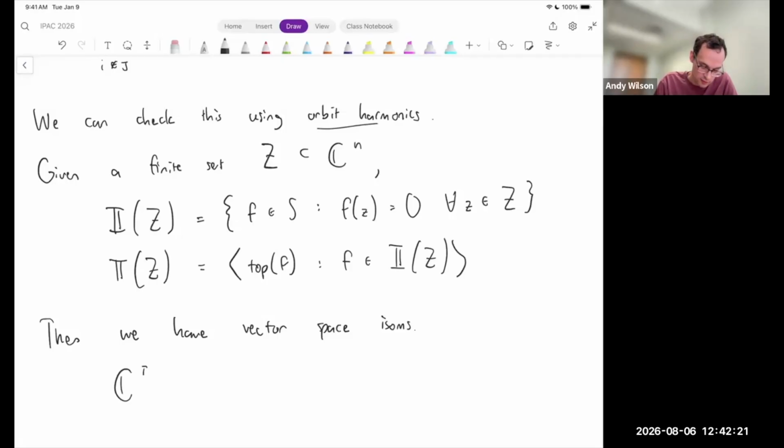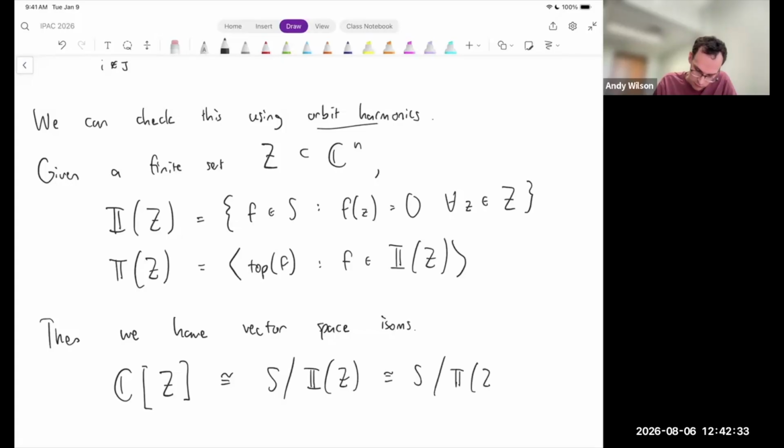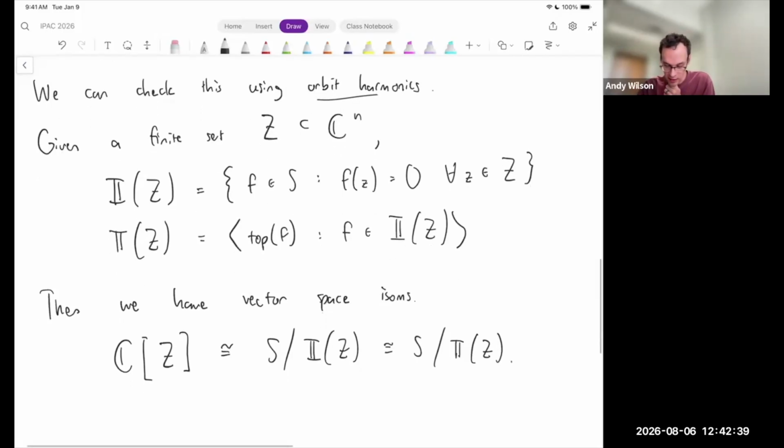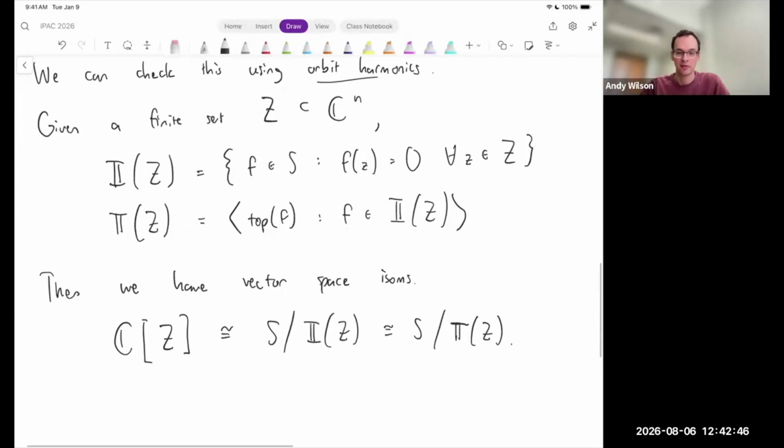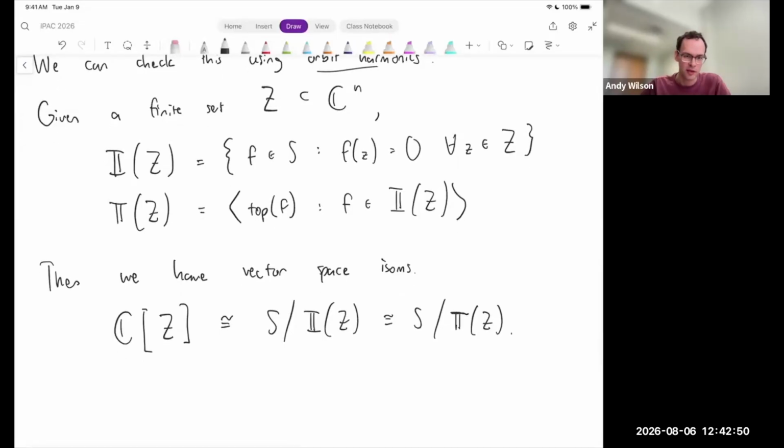You can look at just functions on this set, or at quotients by either of these ideals, and the last one of these is graded. Often we have some group acting on these things, and then we have isomorphisms as modules or graded modules, but I won't need that right now.